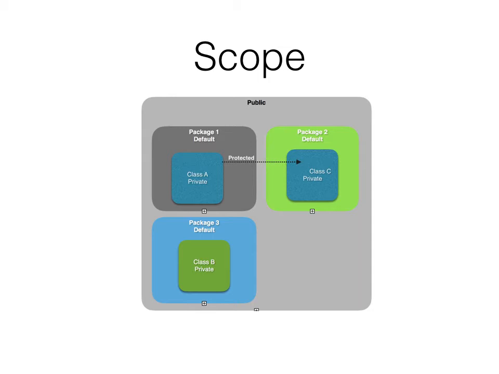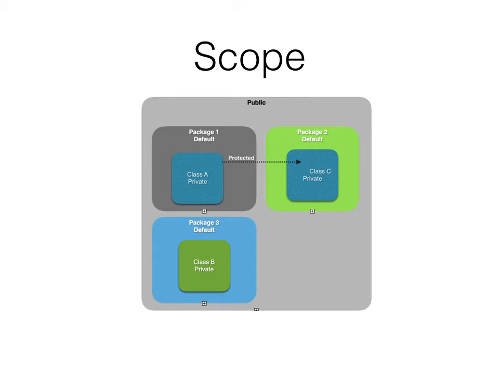As I told you in the introduction, the default access modifier is limited to the current package. So if any class, variable, or method does not have any access modifier, it belongs to default and it can be accessed only in the current package, not outside of that. So this is the default scope.